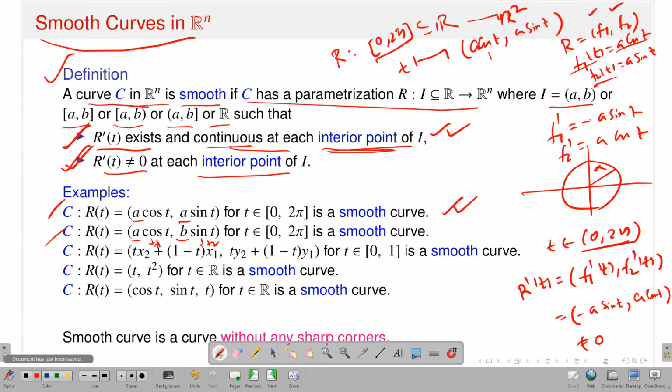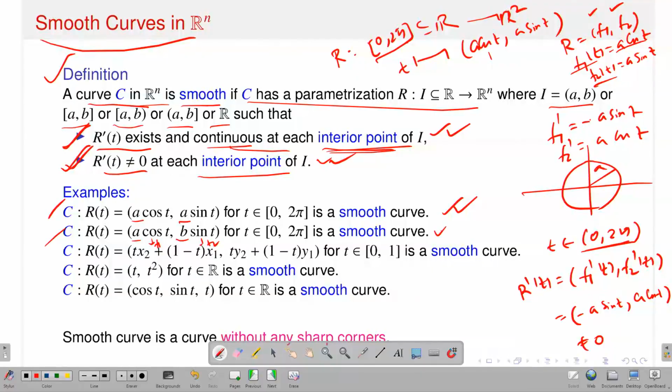This is also differentiable, and the derivative is minus a sine t and b cosine t, which is also continuous. So, R prime t exists, is continuous, and is non-zero as t runs over the open interval 0 to 2 pi. The condition is satisfied, so this is also a smooth curve.